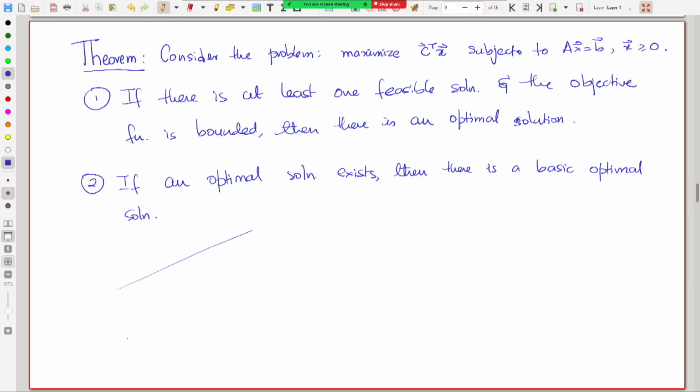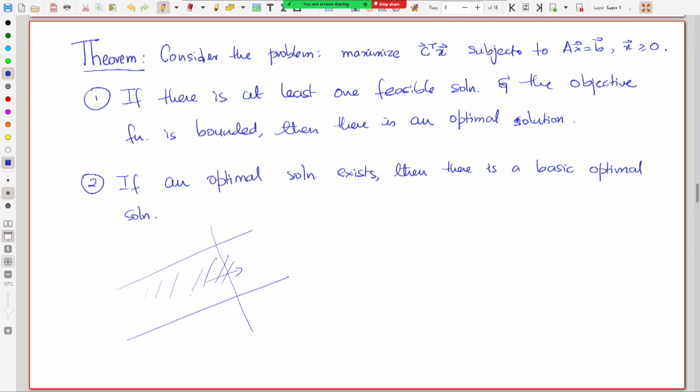So what will happen? Let me show you a picture of this. For example, your feasible region might just be between two parallel lines, and your objective function could be growing in this direction. So you have a lot of feasible solutions.